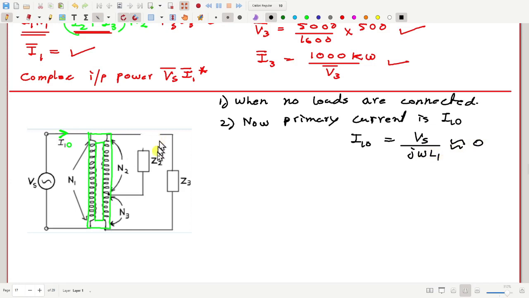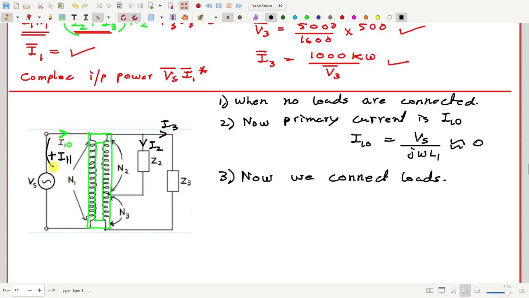Yes. Now we connect loads. So now we connect the two loads, and therefore here we have current I2 flowing and here current I3 flowing, and I1 will also change. Suppose I1 becomes this previous current plus, call it I11.